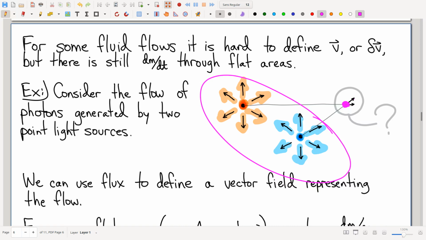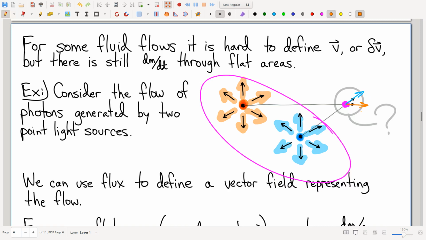I point out that no, I really can't, because at that point, there's going to be some blue photons going that way, and some orange photons going that way. So at this point, photons are going different directions at the same time.